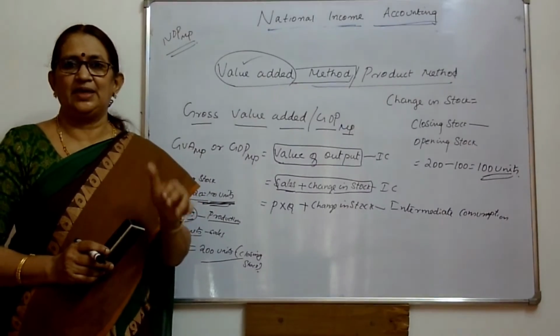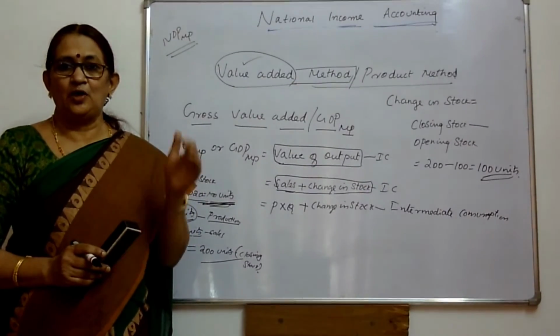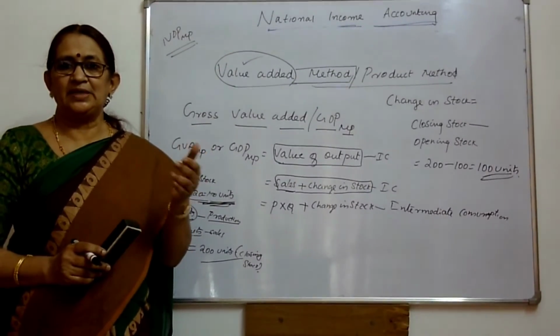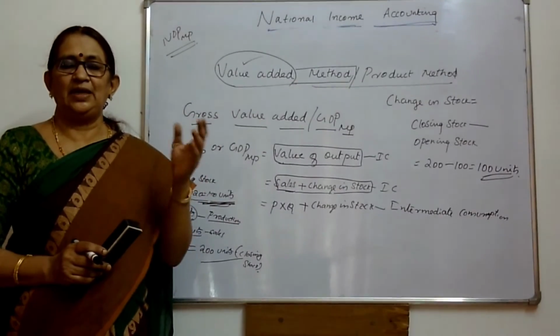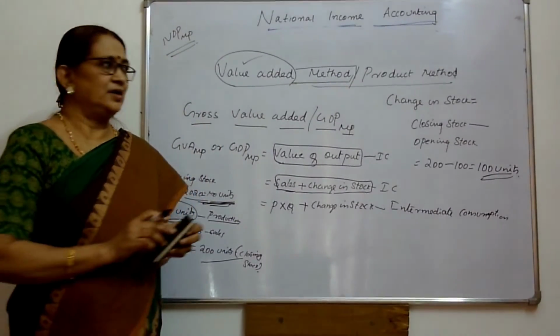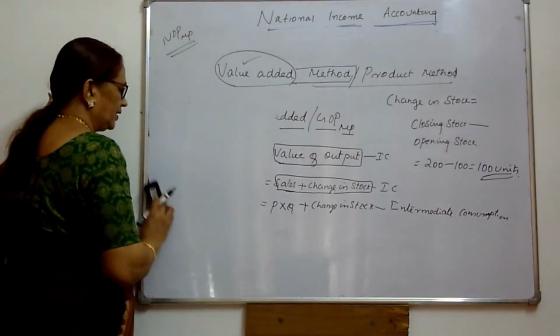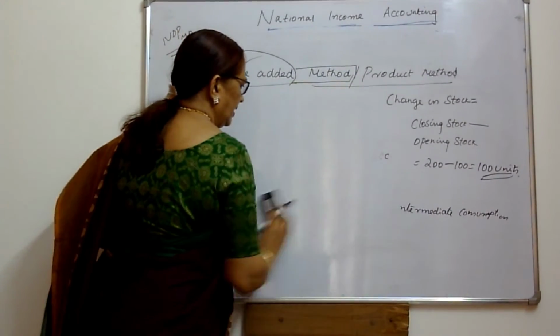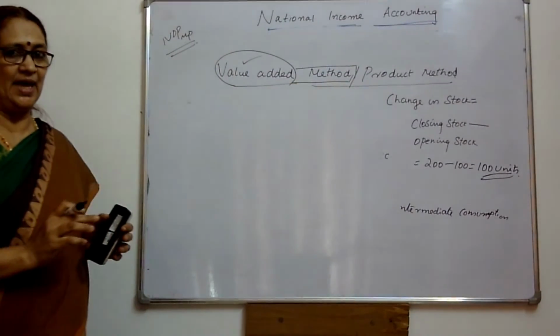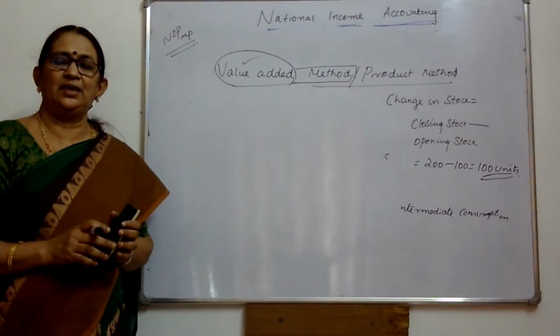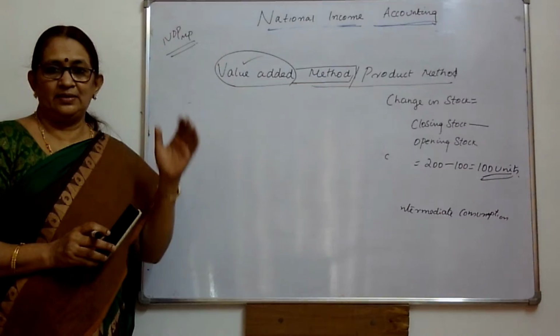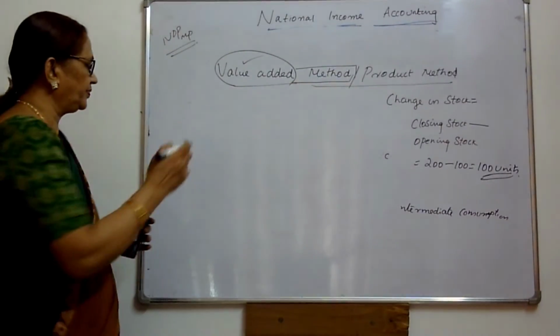Purchasing from within the country, that is domestic purchase. Purchasing from abroad, that is import. Okay. So I will write it here. These terms are very important for calculating, because in the question, different terms will be given.